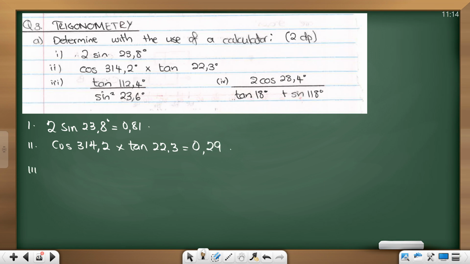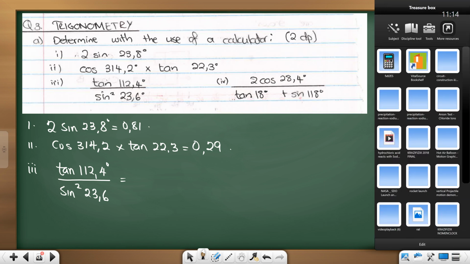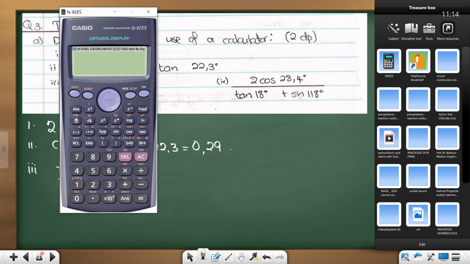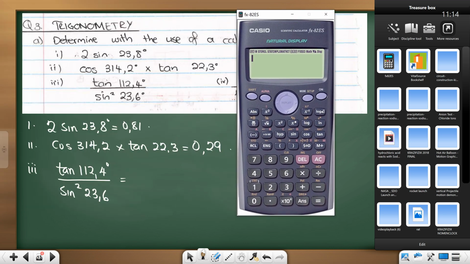Give me number 3 quickly. And 112,4 degrees over. There's a squared on this one. Let me show you how to do this. Please, take your calculators with me. Press what I press because of the squared. What do I have? 10, 112,4, close the bracket, over.